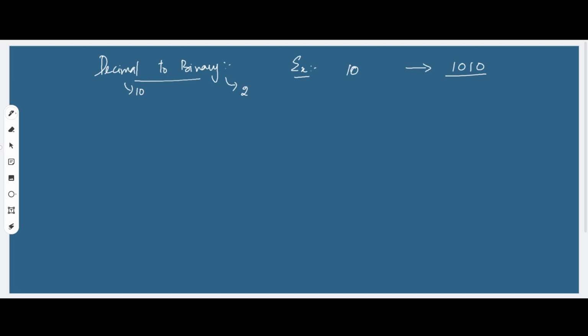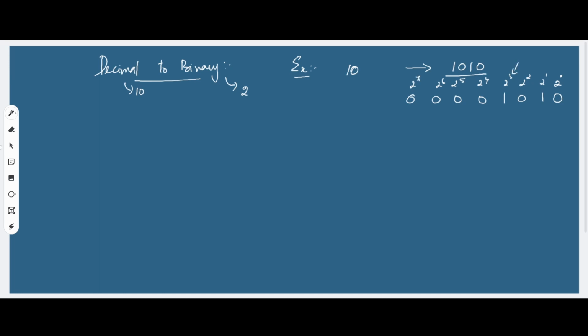If you want to specify this binary value in 8-bit format, the value will go like this, right? We all know the 8-bit will start from 2 power 0 to 2 power 7.